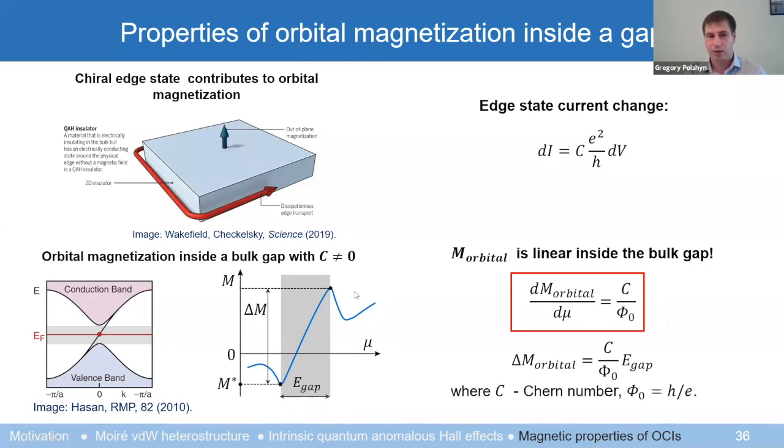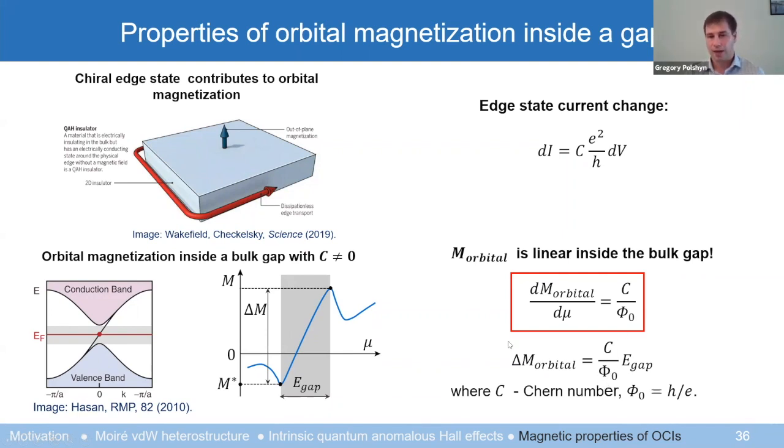So this is quite interesting, right? Because essentially our magnetization could be tuned continuously by changing chemical potential. Also, this linear growth inside the gap gives rise to a total jump of magnetization across this topological gap, which will be just equal to the product of the Chern number times the size of the gap divided by the superconducting flux quantum.